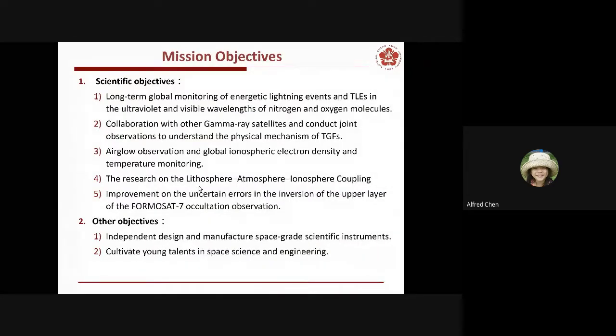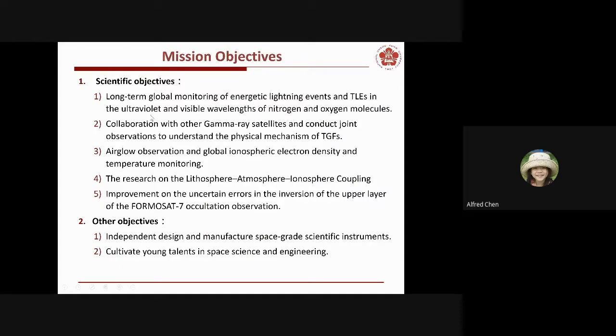So for the mission objectives, in this mission, we have listed 5 scientific objectives. First, long-term global monitoring of energetic lightning and the TLEs in ultraviolet and visible wavelengths. And we also want to collaborate with other foreign gamma ray satellites and conduct a joint observation to understand the physical mechanism of terrestrial gamma ray flash.